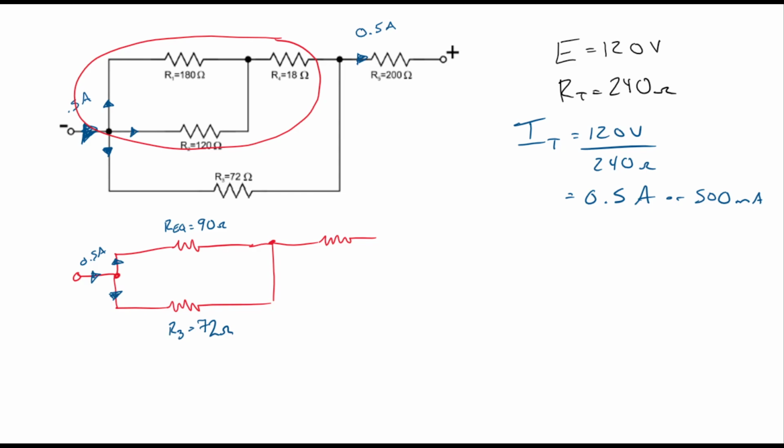So if I did R equivalent inversely with R3, oh, that's a 72, this equaled 40 ohms.